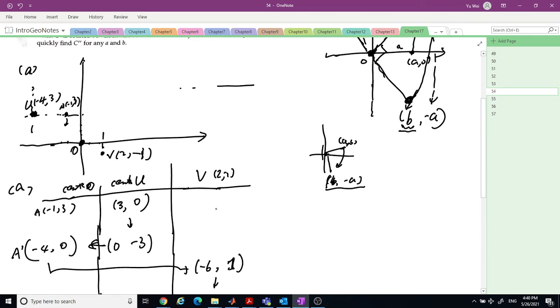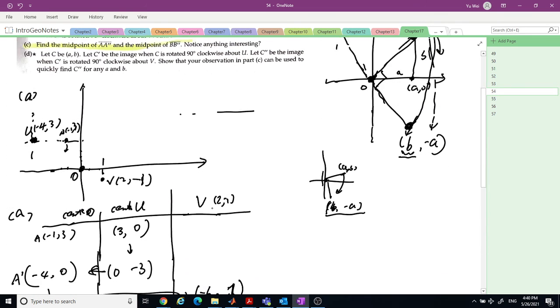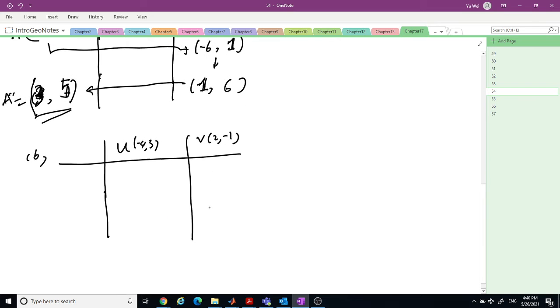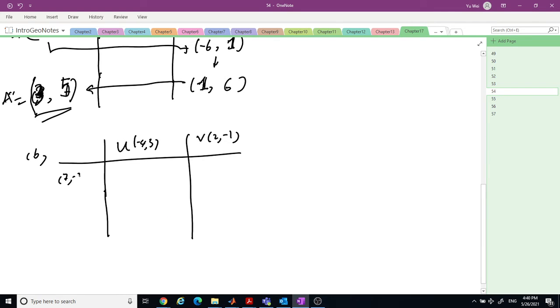Then B is (7, -2). So let's convert it here. So it becomes 11, plus 4 and minus 3 is negative 5. Then we know we need to keep the negative 5 and 11, and then we convert it back.